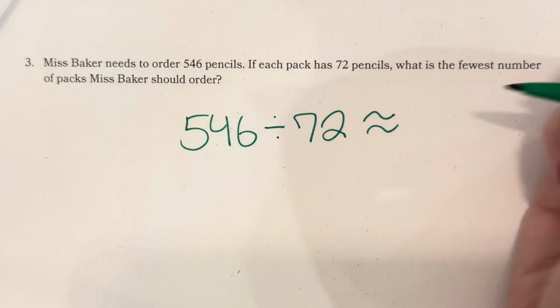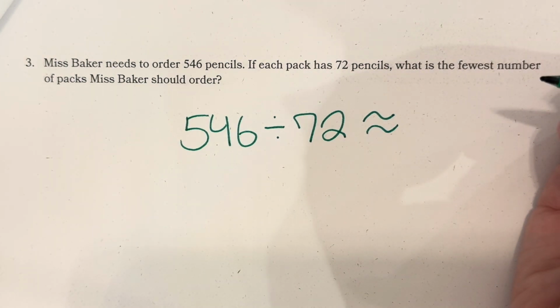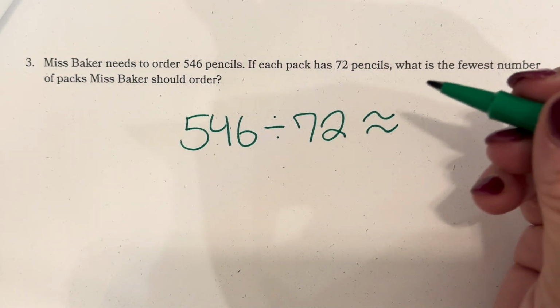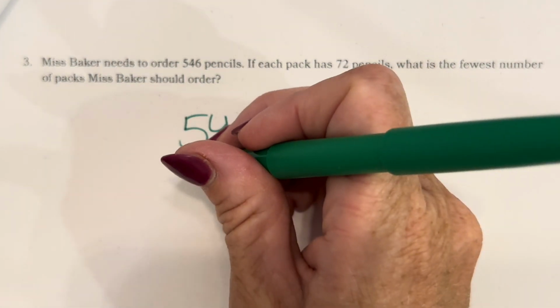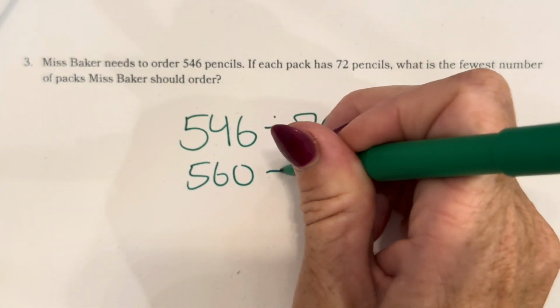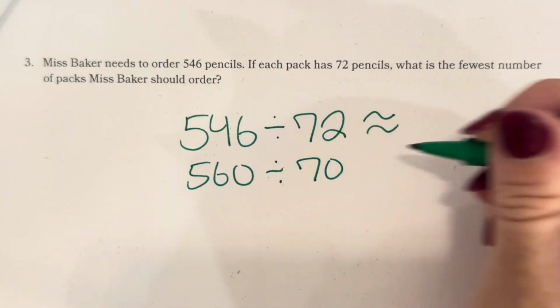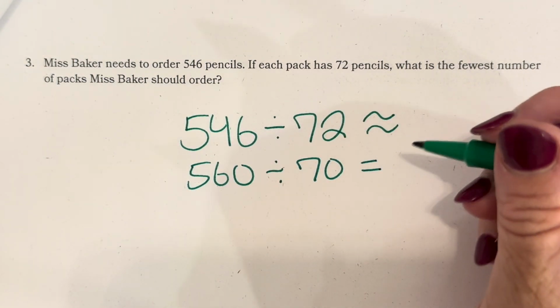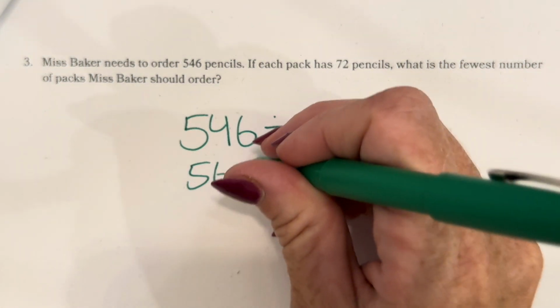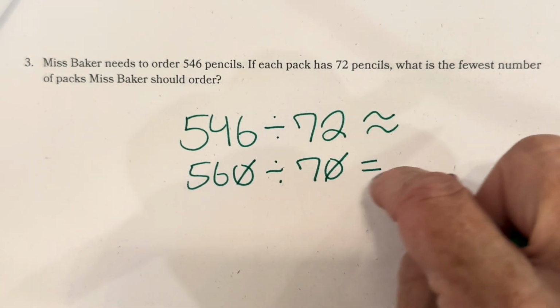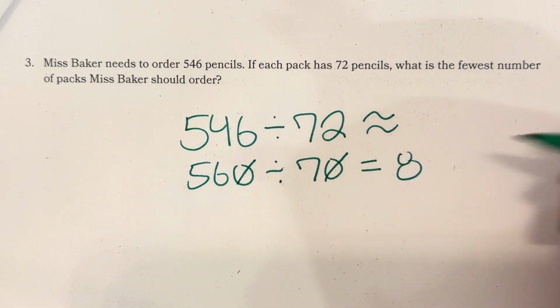So again, we want to estimate first. So maybe for this one I might change this to 560 and leave that at 70, because knowing my times table facts helps me. So I know that 56 divided by 7 is 8.